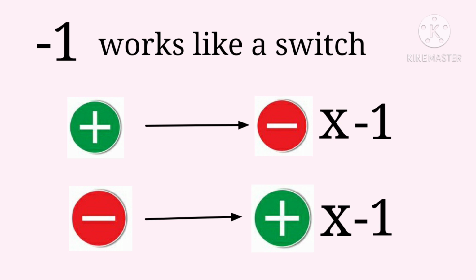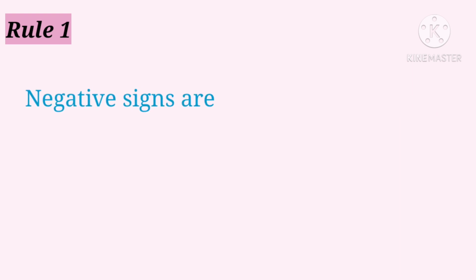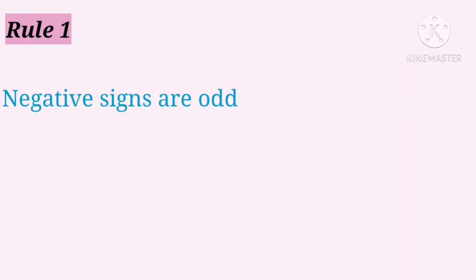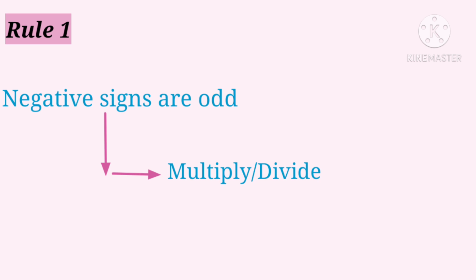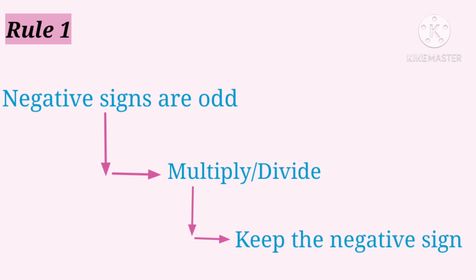This then brings us to our rules. Rule 1. When multiplying or dividing integers with an odd number of negative signs, the answer will always be negative. So we simply carry out the arithmetic operation and keep the negative sign.